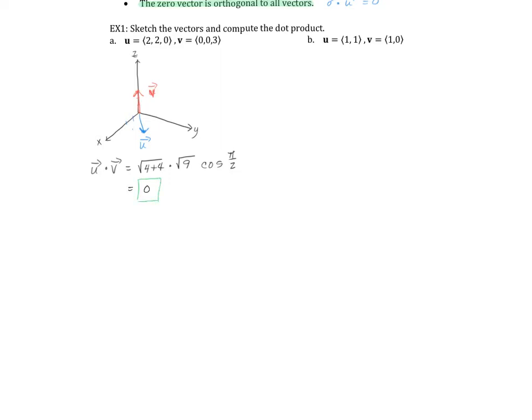It's kind of tricky using the definition. Let's look at B, and then we'll look at another way to compute dot products. So for B, we just have vectors in two-dimensional space. Oh, that's going to be nicer. I have u as the vector 1, 1, and v is the vector 1, 0.